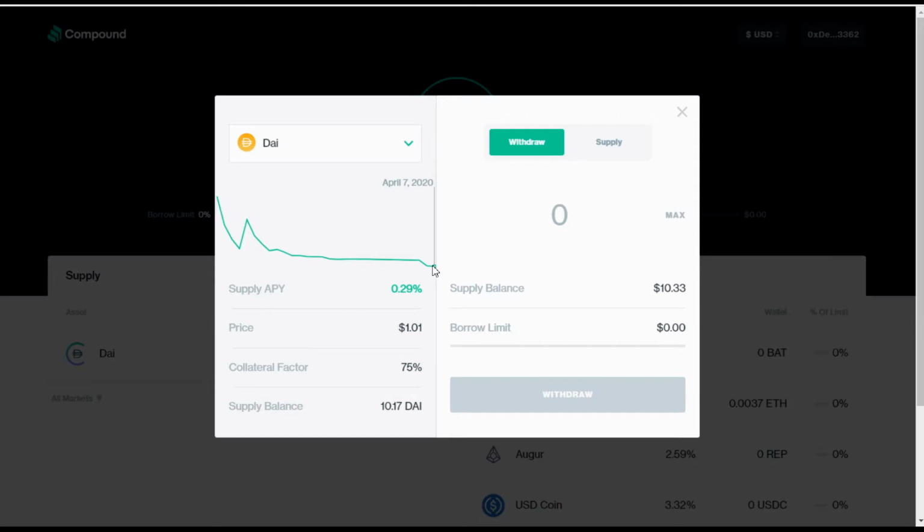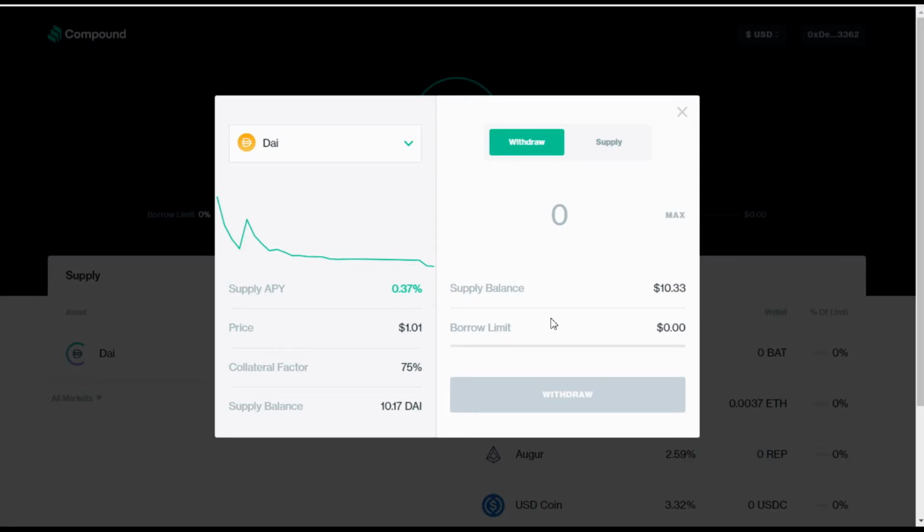So your investment is safe, and that is a big plus when it comes to any sort of investment, even this type. You want to know that your funds are going to be safe.